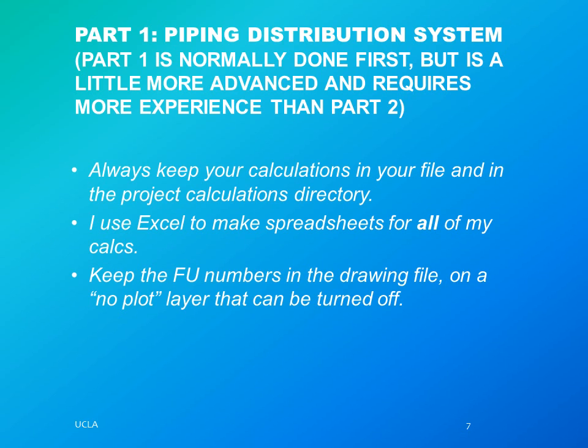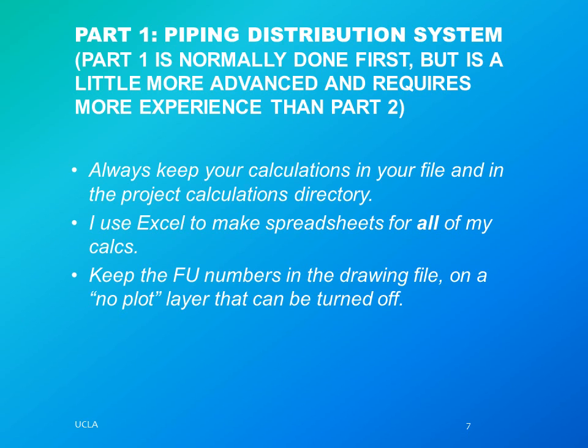Always keep your calculations in your file and in the project calculations directory. I use Excel to make spreadsheets for all of my calculations. You might use other things. Keep the fixture unit numbers in the drawing file on a no plot layer that can be turned off. There are various ways you could do that.